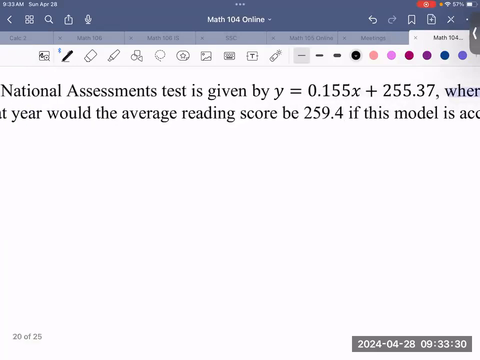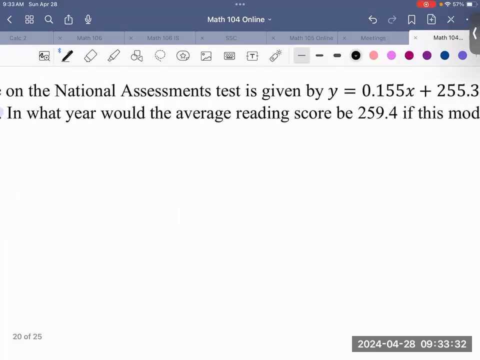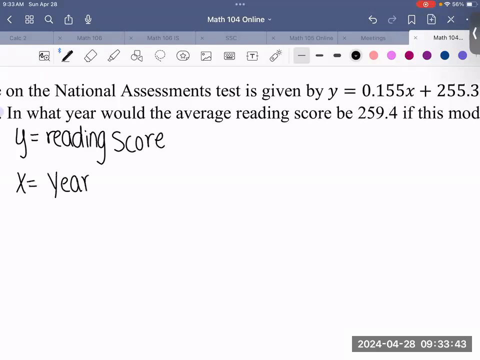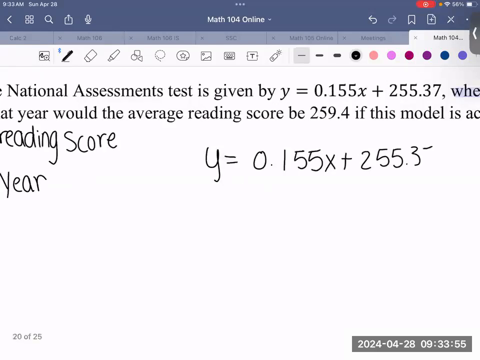So we know that y is a reading score and x is a year. So we have y is equal to 0.155x plus 255.37, and we want to know what year.